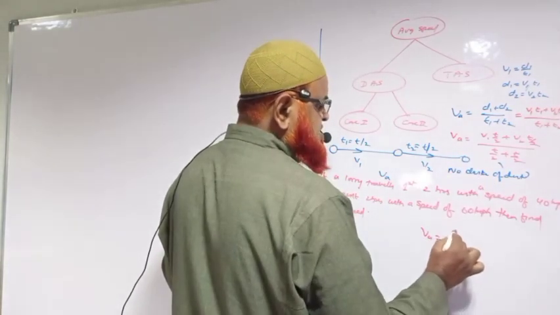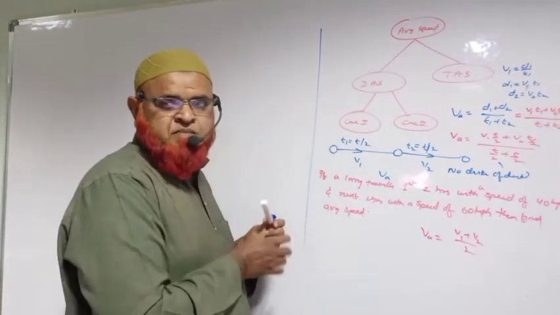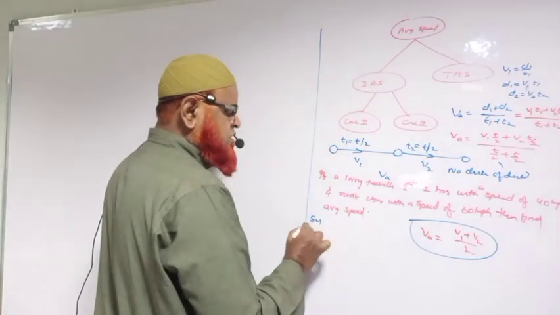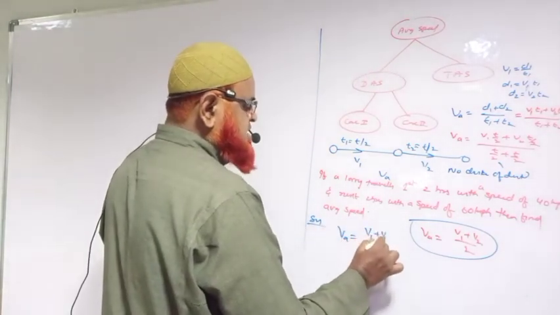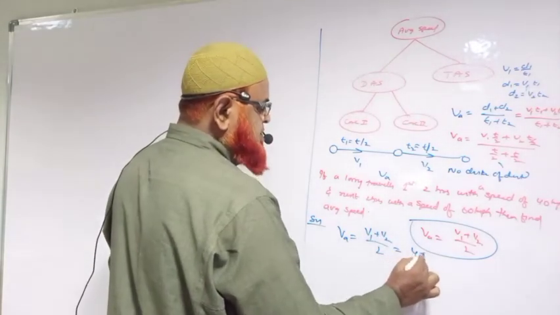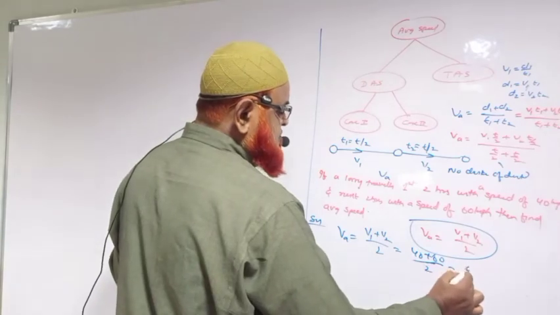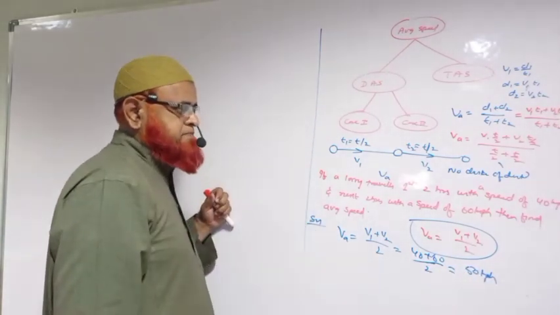So v average is v1 plus v2 by 2. So the solution is very simple. You have to find average speed as v1 plus v2 by 2, that is 40 plus 60 by 2. That is how much? 50 kilometers per hour is your answer. That's it.